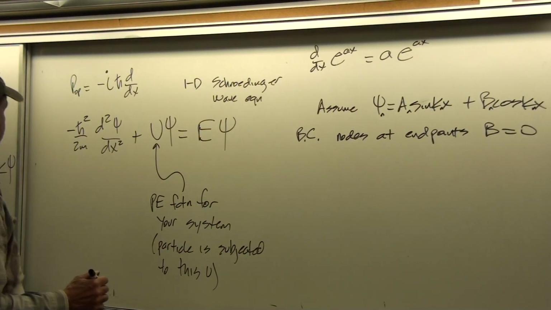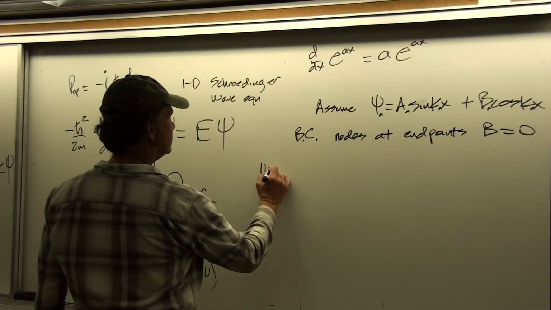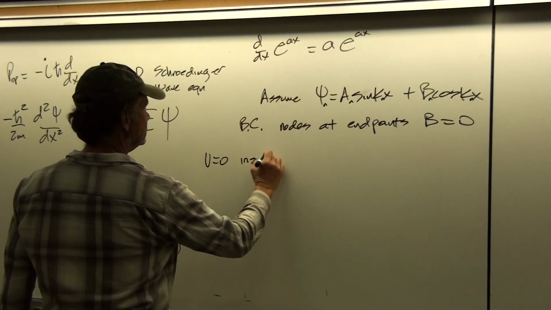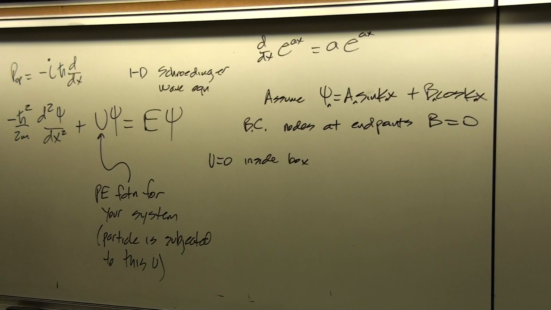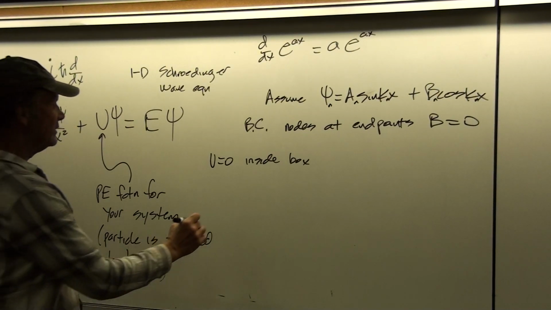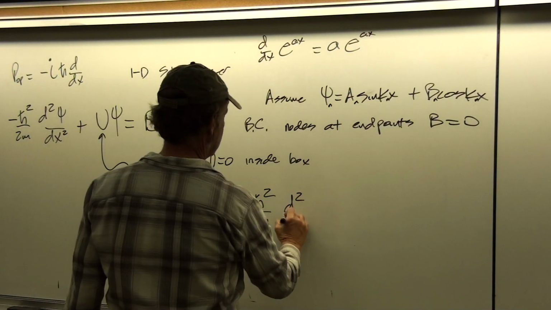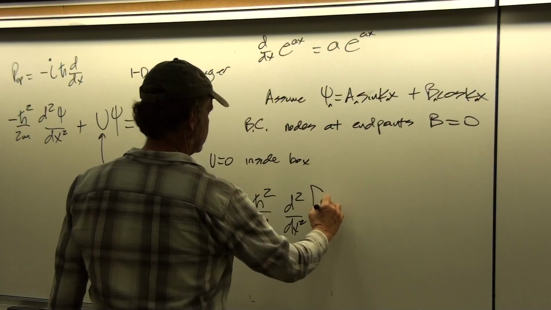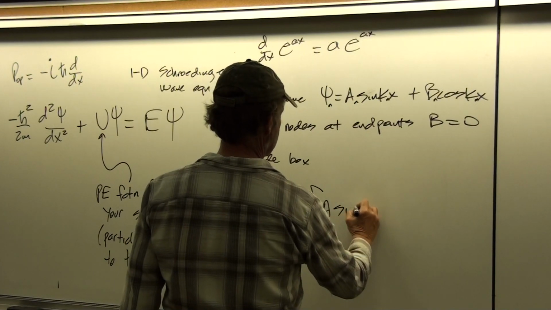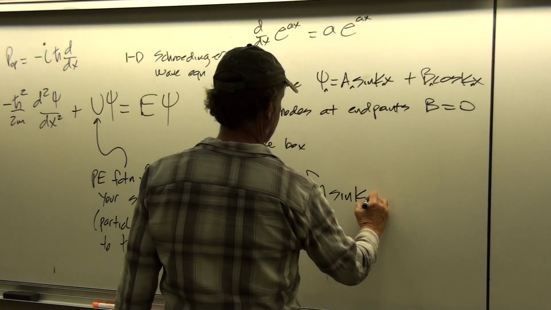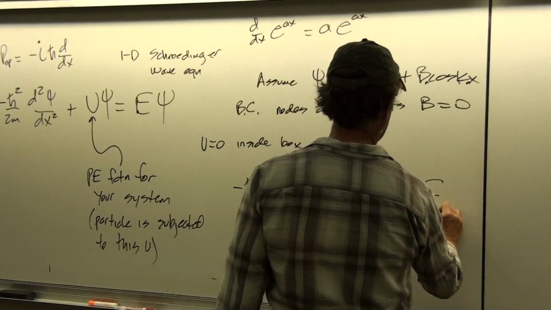Okay, so if we plug in that assumed form, then U is 0 inside the box. So this is a particularly easy problem to solve. You can just write this now as minus h bar squared over 2m, d by dx squared of A times the sine of k_n x, is equal to E_n times psi.